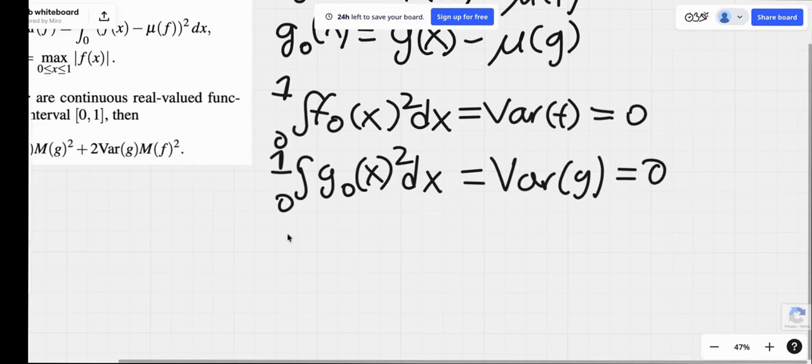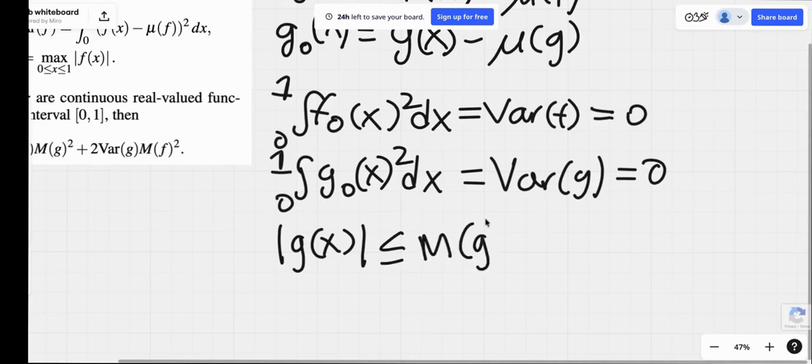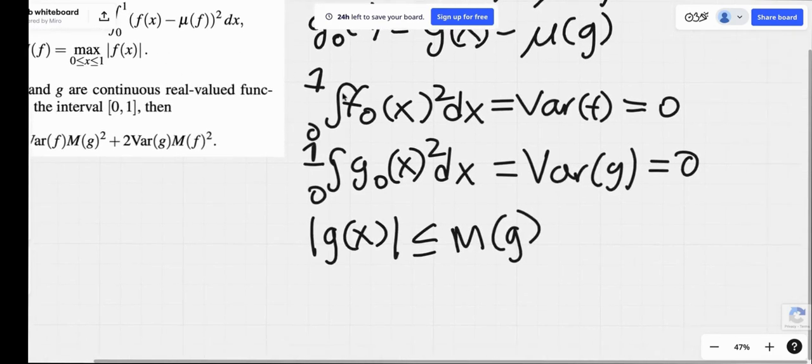Next, let's just note that the absolute value of g of x has to be less than or equal to M of g for all x. This is just because it's the definition of maximum, and capital M is the maximum of the absolute value.